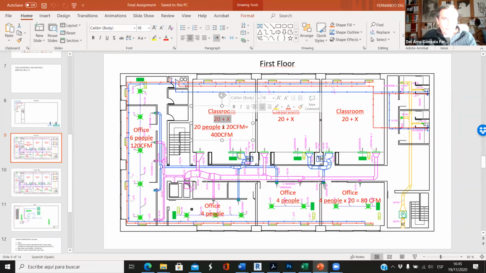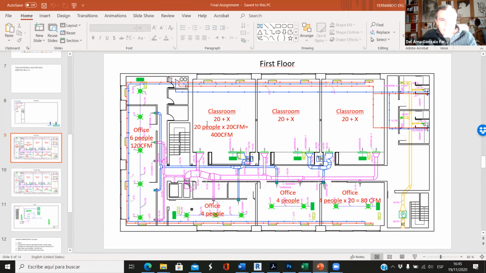So we know that the airflow depends on the occupancy. We have from 20 to 30 CFM per person in this classroom. So in each classroom, we have, let's say, 20 people times 20 CFM. So the supply airflow that we need is 20 times 20, it's 400.